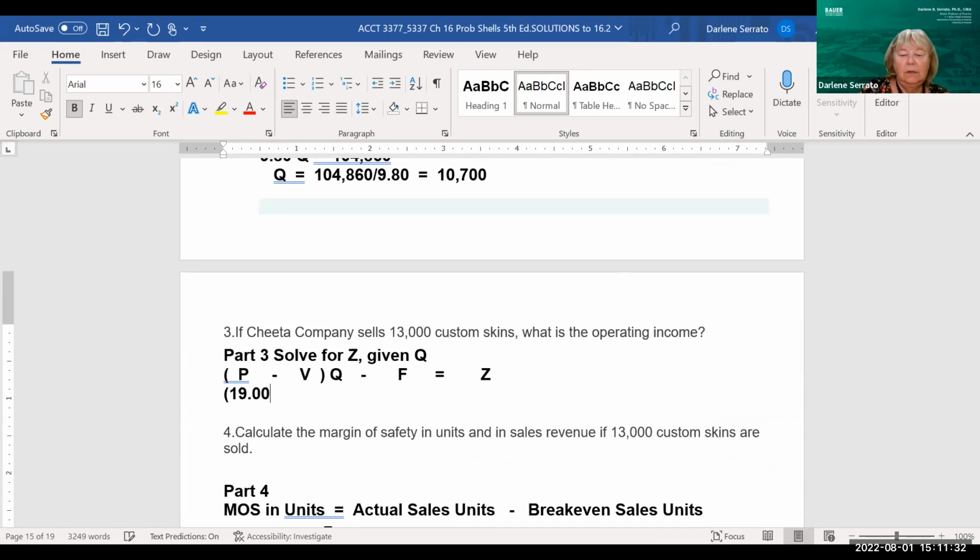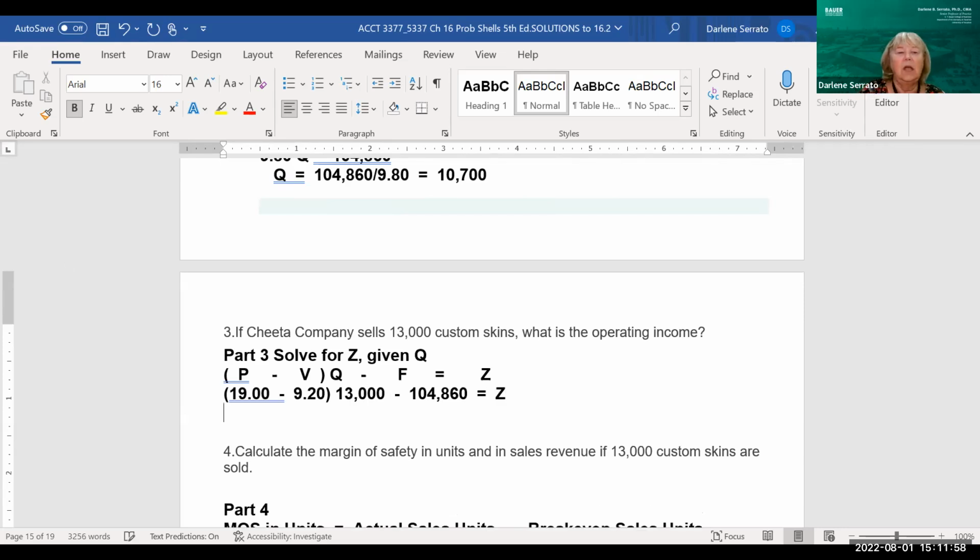So $19 minus 9.20 times 13,000 minus F of 104,860 equals Z. So this time we're solving for Z. So we're going to get 127,400 minus 104,860 gives us a profit of 22,540.